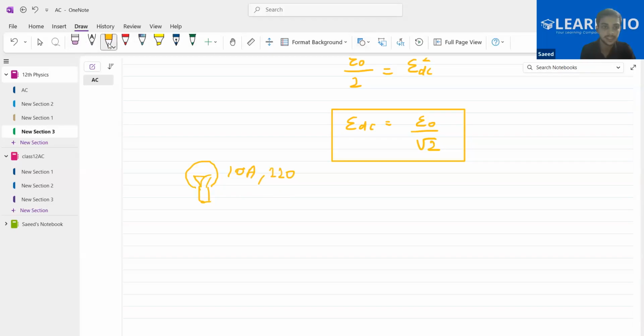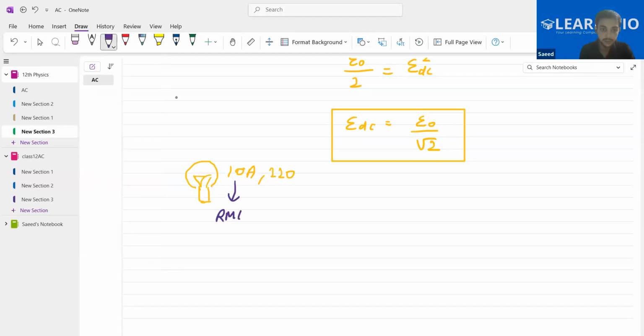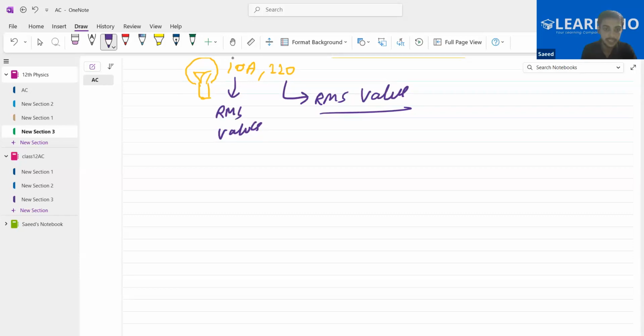These are the RMS values. If it is an RMS value, first let's talk about the voltage: E RMS is 220 volt.